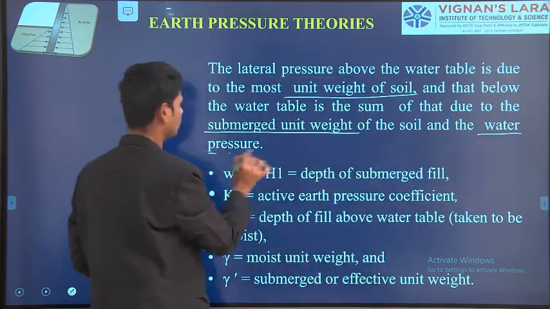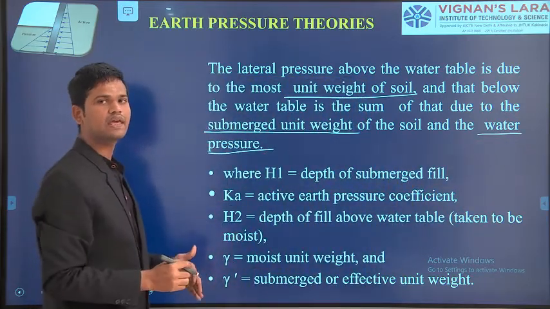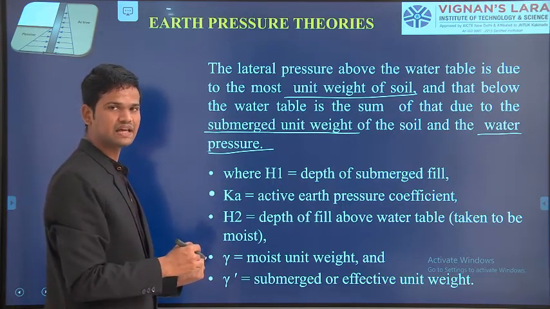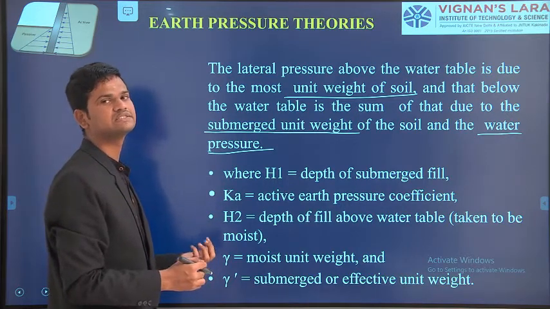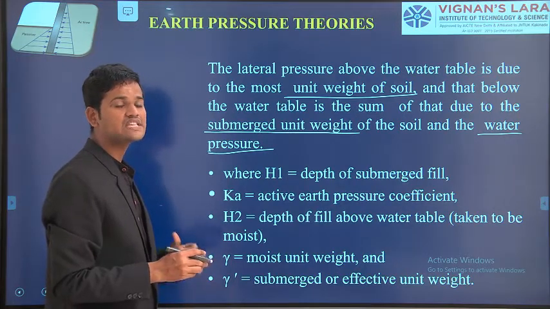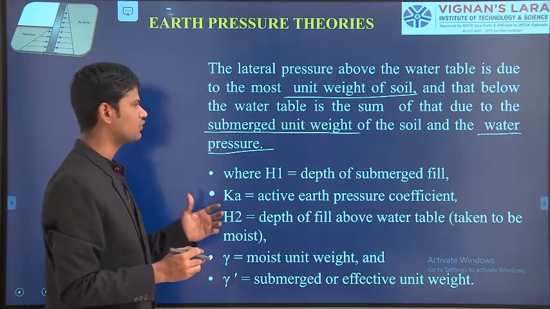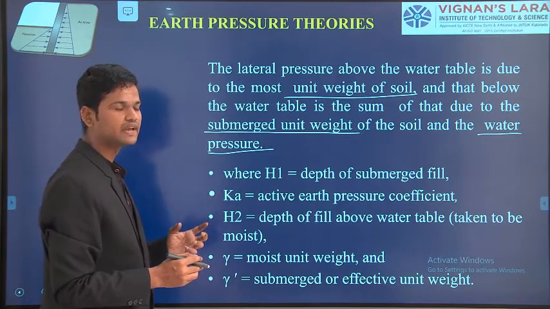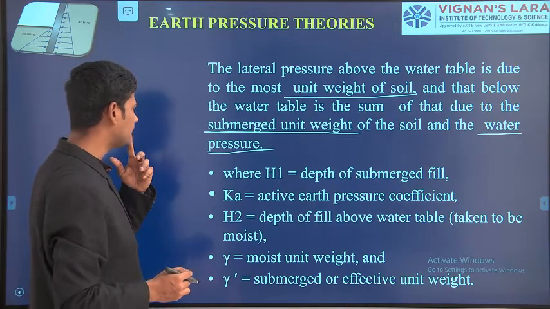Below that layer, the pressure created on the earth retaining structure is due to the soil pressure as well as the water pressure. Why? Because the soil creates pressure and the water also creates pressure. That pressure we have to calculate.